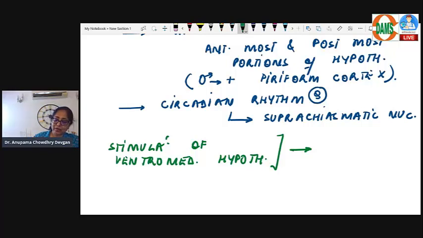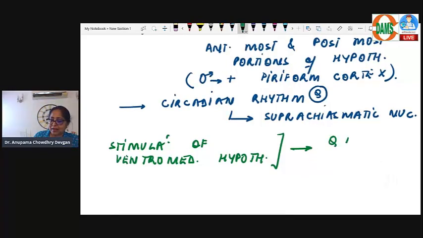So the animal will be quiet, calm, isn't it? He's happy with himself, with the rest of the world, absolutely at peace with himself, right? So this is the ventromedial hypothalamus.